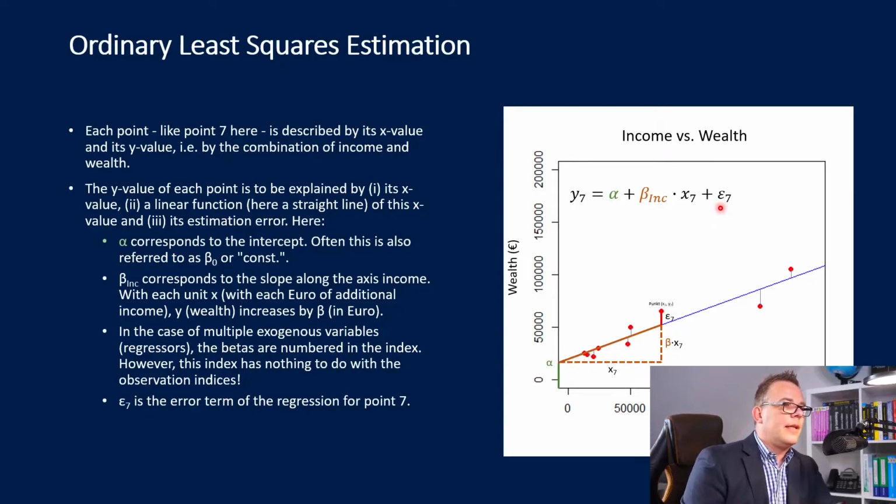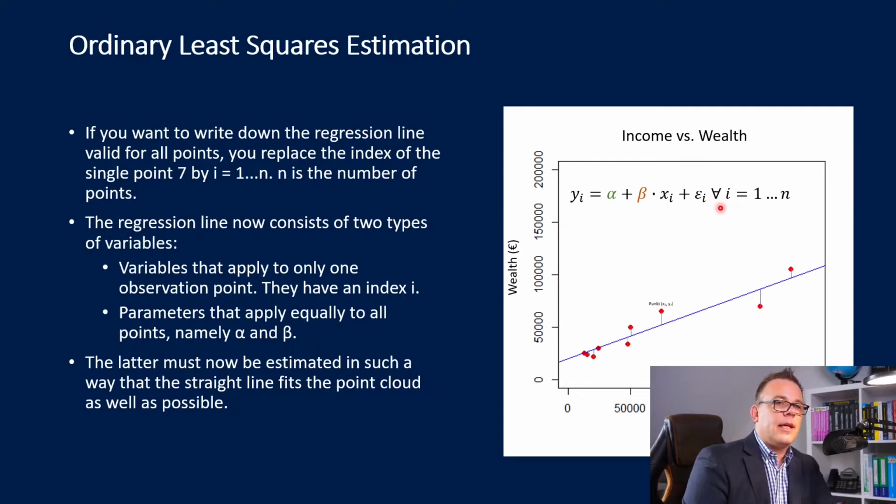Well, if we now write this in a very general form, we can write down that the epsilon value for any of those points, for all of those points with an index i, so this index i counts from 1 to n, so I can simply insert 1, 2, 3, 4, 5 up to n into this index.